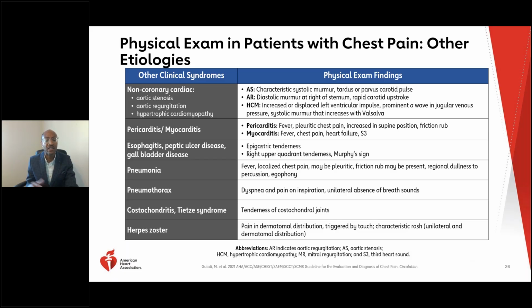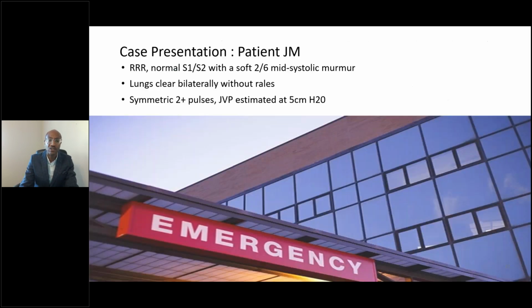Or to clinically pick up a pneumothorax with the pulmonary exam, or to identify a pneumonia in patients presenting with fever, pleuritic chest discomfort, and then evidence of consolidation on physical examination as well. All really important information that can be gleaned from the bedside.